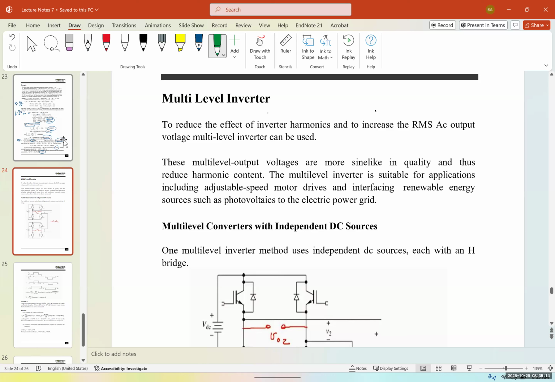And the reason it's very important in solar and wind is this. When you're running a motor, imagine I've created a signal that looks like this, close to a sine wave, but not actually a sine wave.